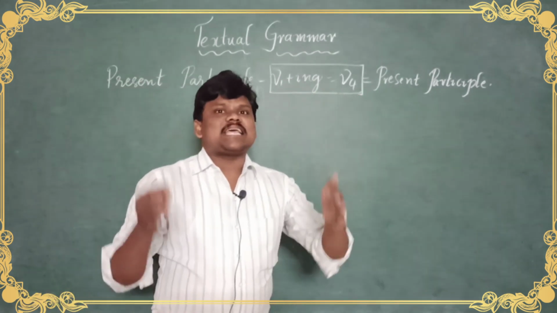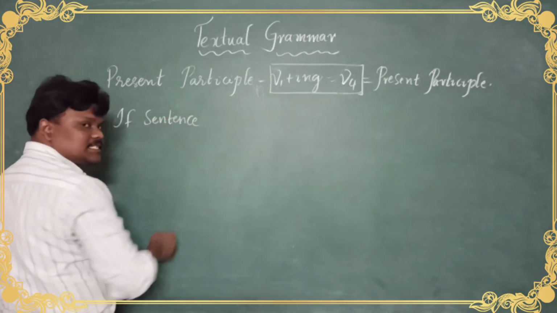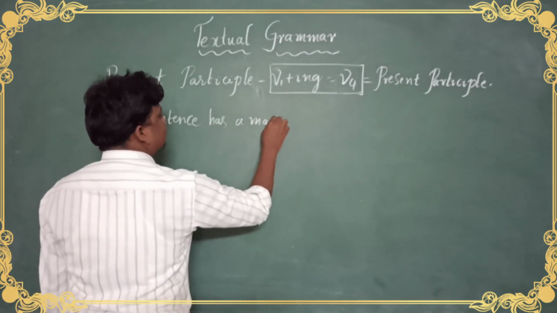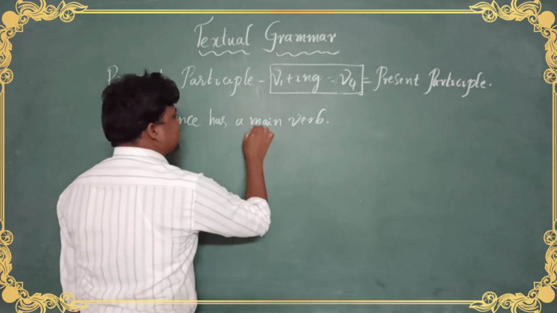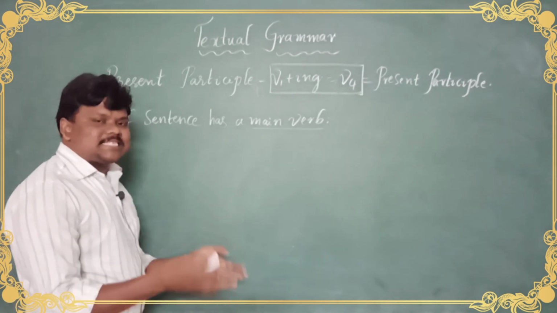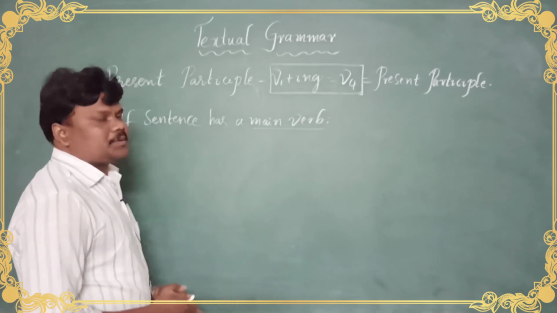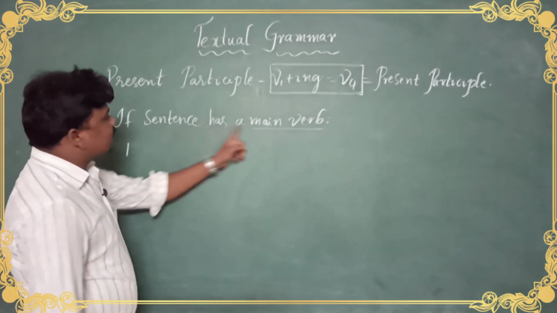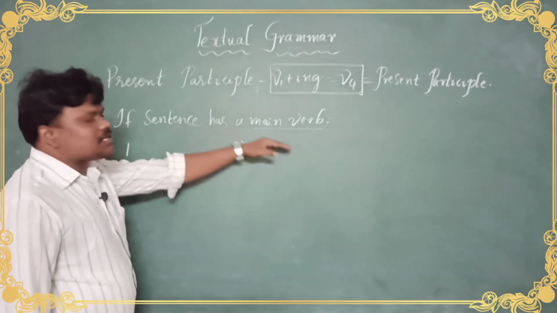If a sentence has a main verb, how do we combine the two sentences? If a sentence doesn't have any main verb, how do we combine the two sentences? That's our topic today, right? Let's get into the first example, how to combine the two sentences with the present participle if that sentence has a main verb.